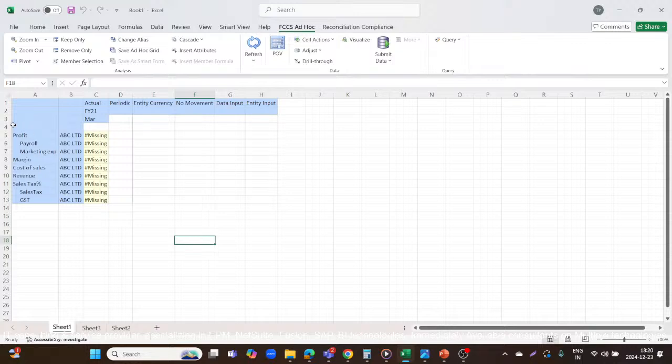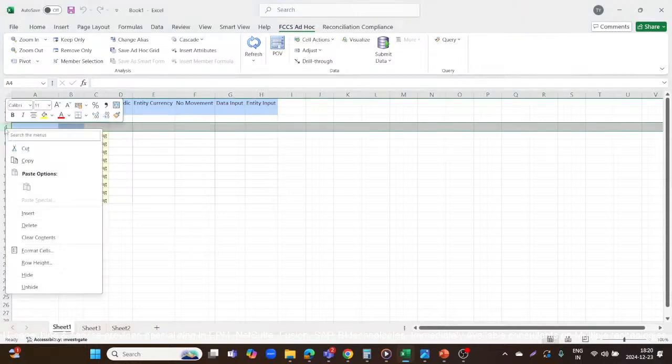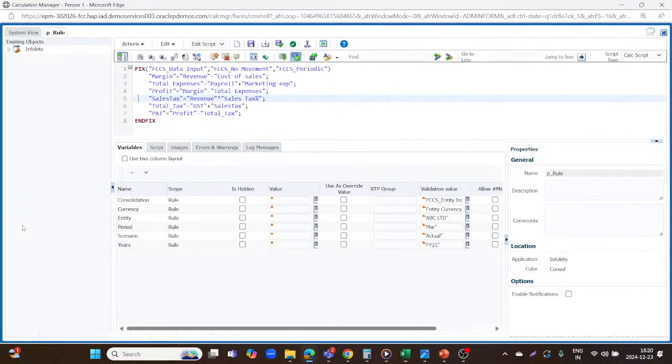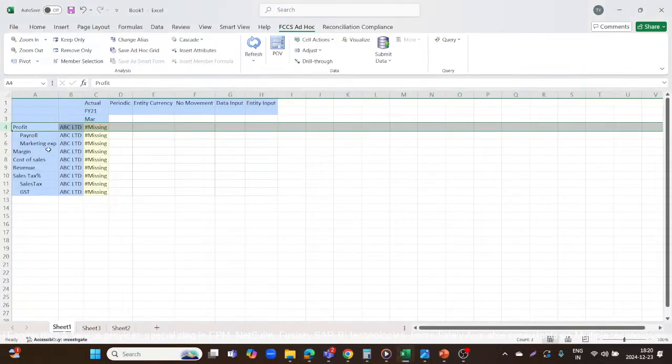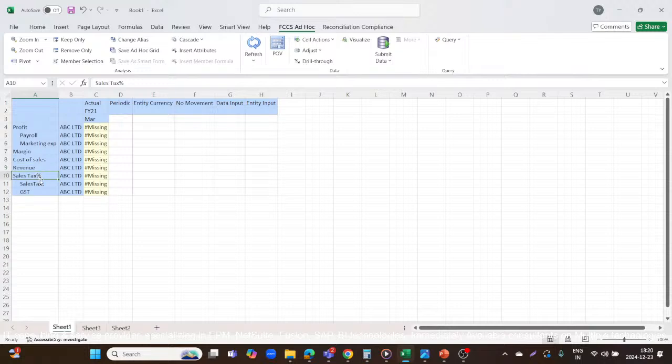Alright. So now you can see sales tax equals whatever is the revenue, multiplied by the sales tax percentage, and you will get the sales tax amount.